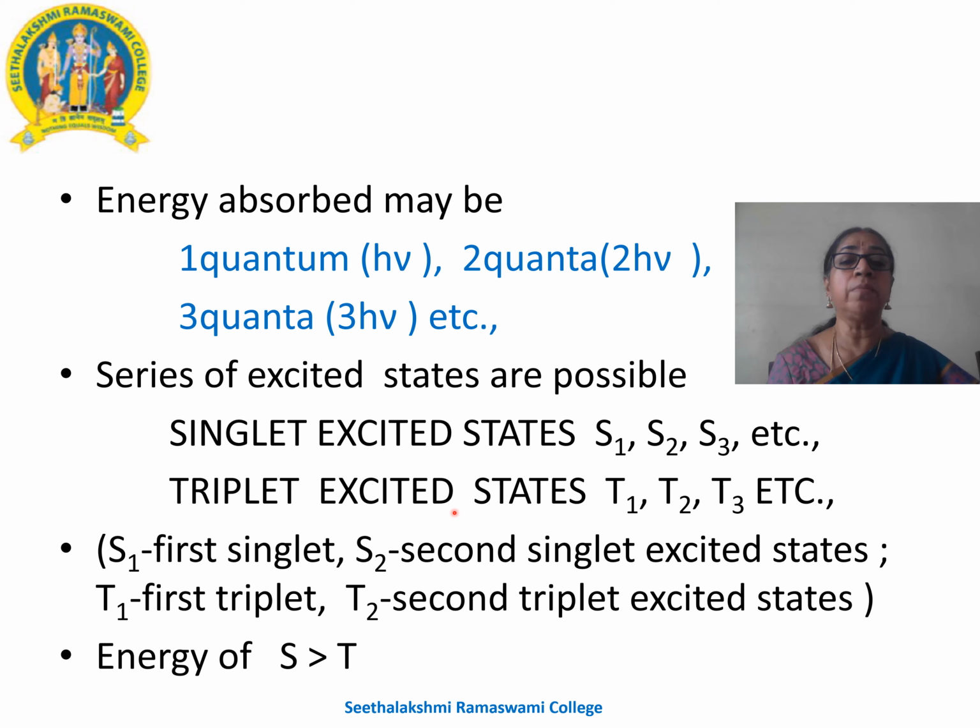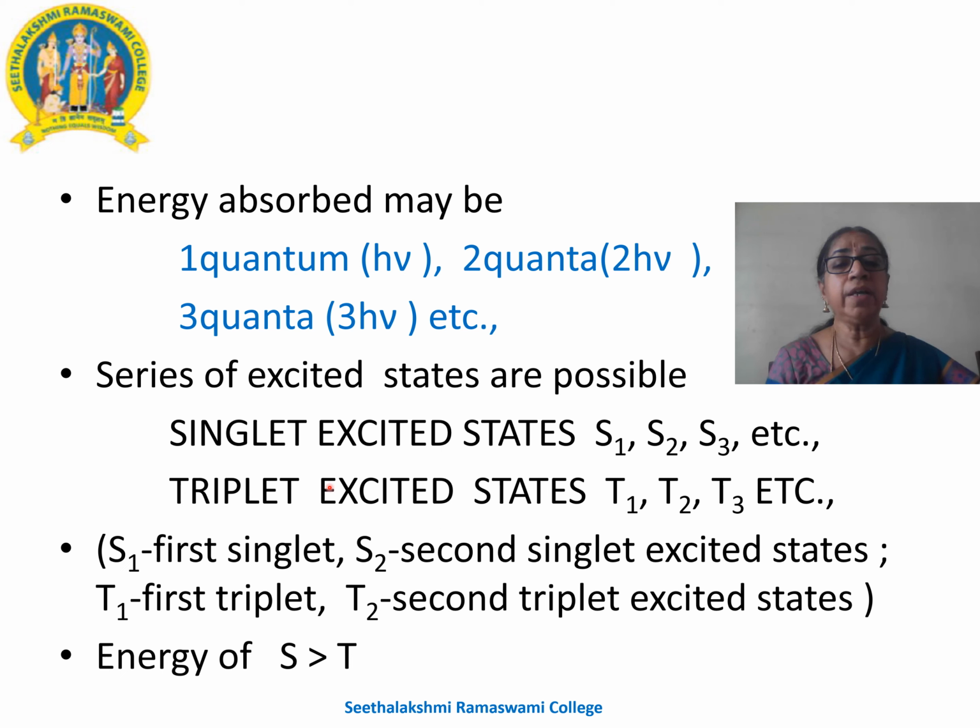Some may absorb 1 quantum of energy, some may absorb 2 quanta or 3 quanta or 4 quanta, etc. Depending upon the amount of light energy absorbed, the electron may get excited to different excited energy levels. Correspondingly, we have different excited states.